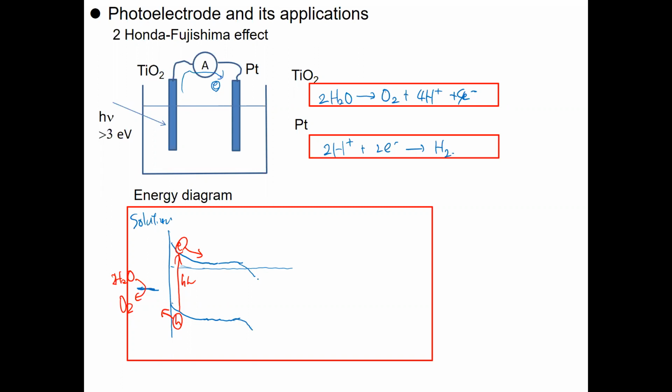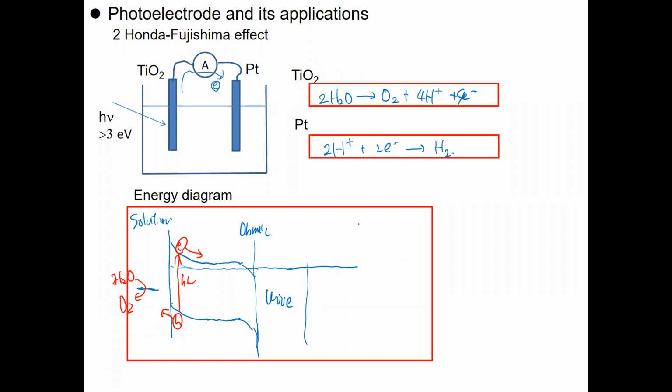So this must have good contact, meaning the ohmic contact with the wire. This is the wire, and also wire and metals. These two are both metals, so these two must have the same Fermi level.